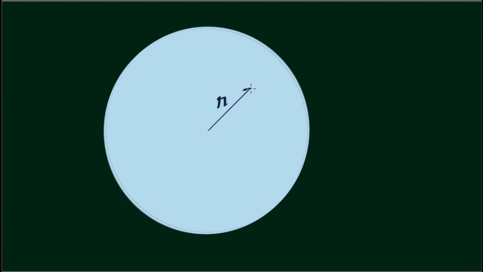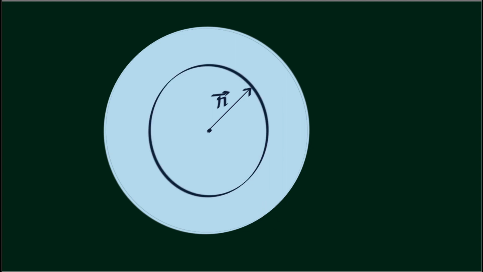So we want to find the magnetic field at this point, described by the position vector r from the axis. To that end, we are going to draw an Amperian loop, like so. And we know that the magnetic field is tangential to the Amperian loop everywhere around it.